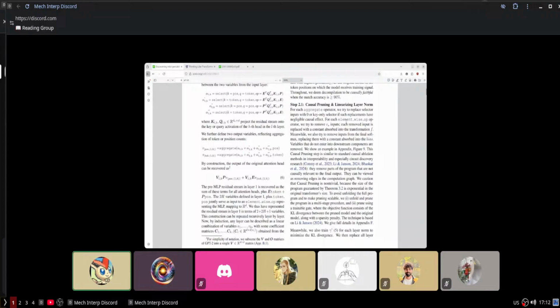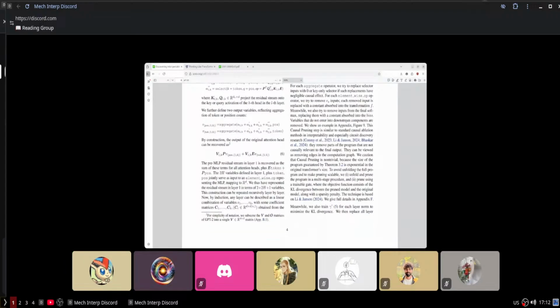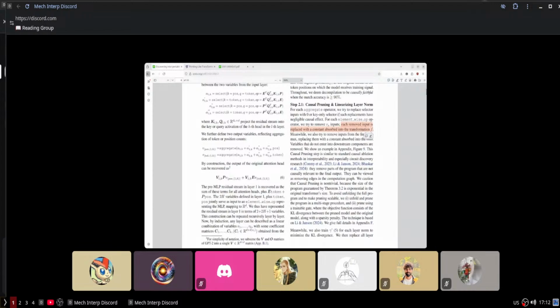For each aggregate operator, rotate to replace later inputs with 0.